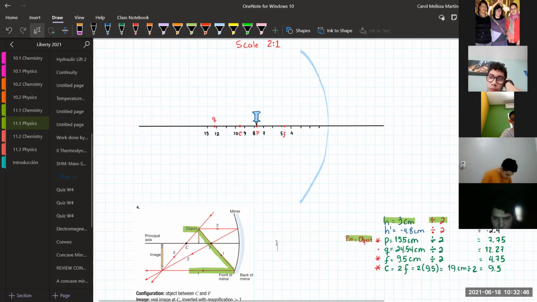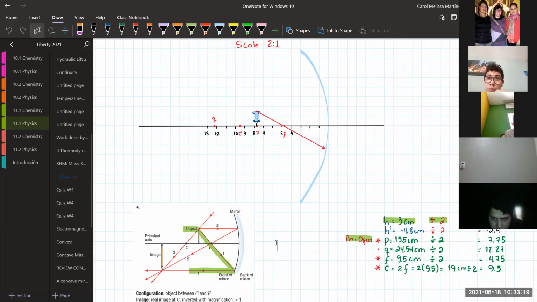That's better. Okay, sorry. So let's see. My first ray comes from the top of the object. The top of my object, remember, is going to be the center point. Like that. And my ray comes from there, passing through the focal point until I touch the mirror. That's my first ray.